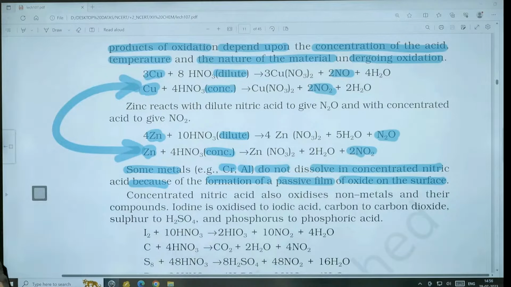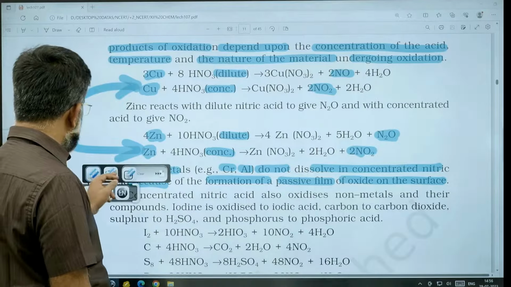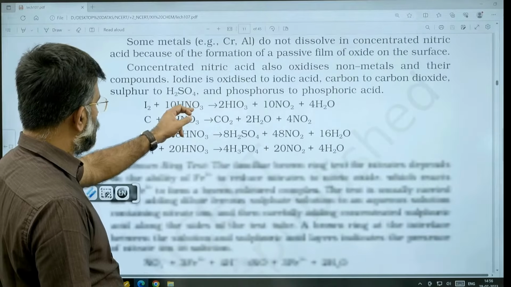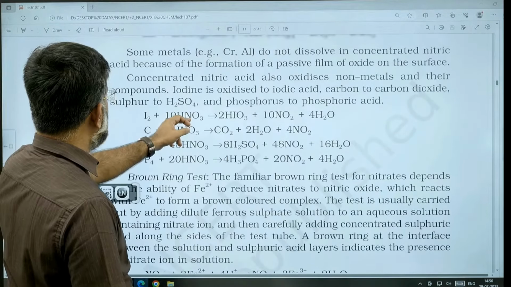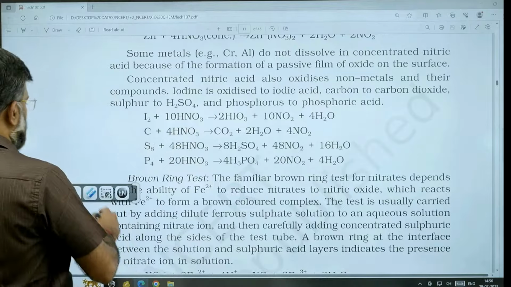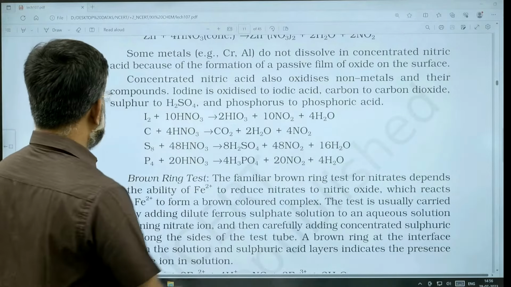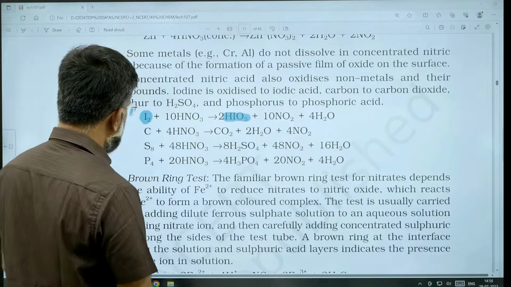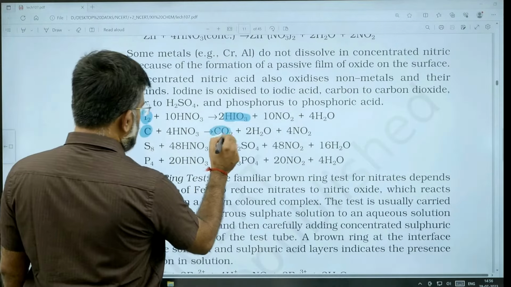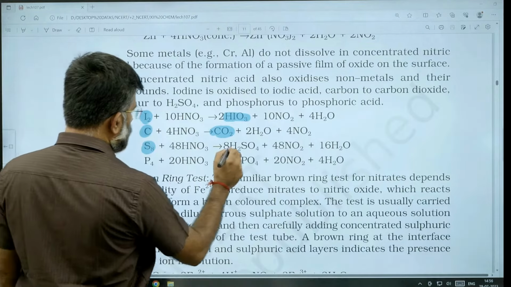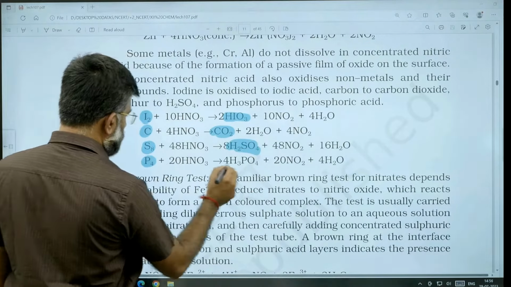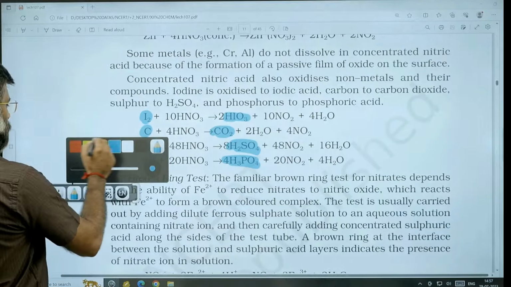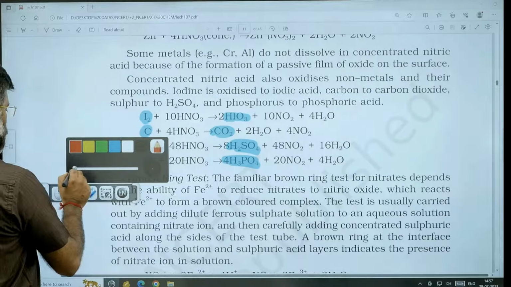Concentrated nitric acid also oxidizes non-metals. Look at the reaction, how it oxidizes non-metals. It is oxidizing iodine to iodic acid, carbon to carbon dioxide, sulfur to sulfuric acid, phosphorus to phosphoric acid, like that. And itself it is reduced to NO2.